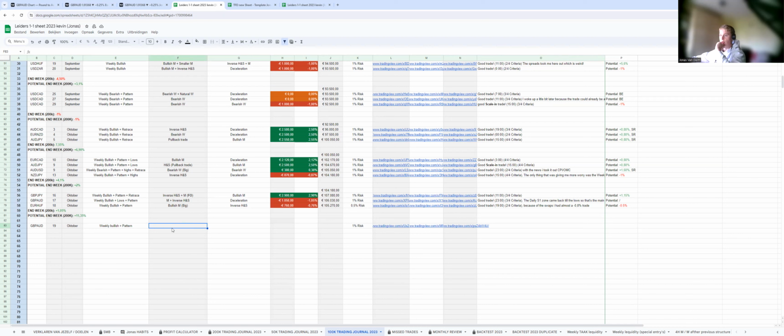We always fill in my daily pattern and then the 4 hour. On the daily, we had that M plus that inverse head and shoulders, like this. And then we had that bullish M on the 4 hour that we received.